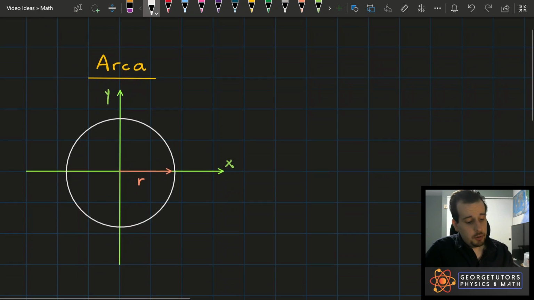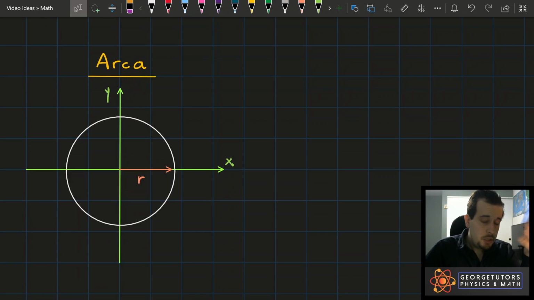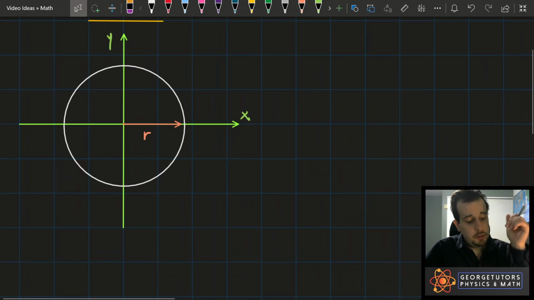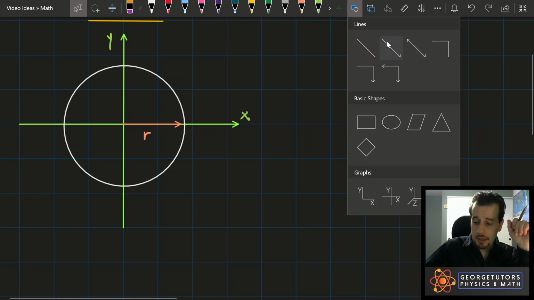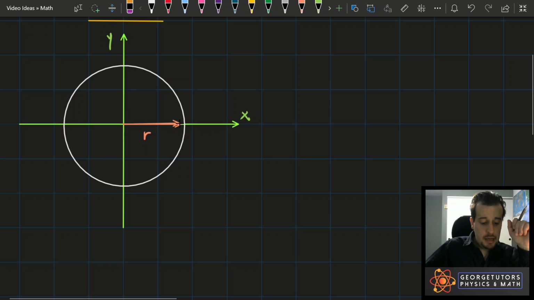Now, to talk about area, we must first find a way to calculate the area of chunks of a circular segment. For that, I've incorporated a full circle here of some radius r. I'm thinking about how I can create an area segment, taking my r vector from the theta equals 0 position and moving it around.